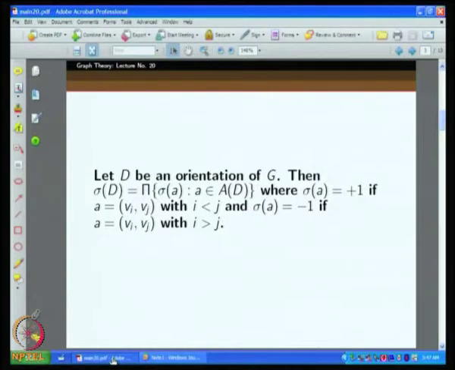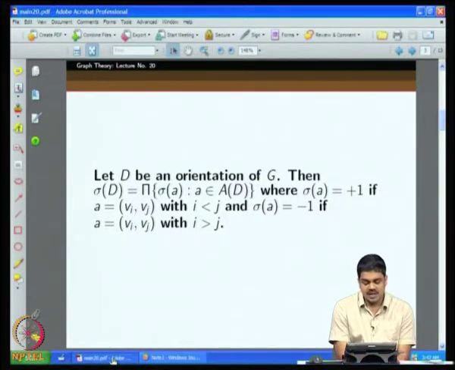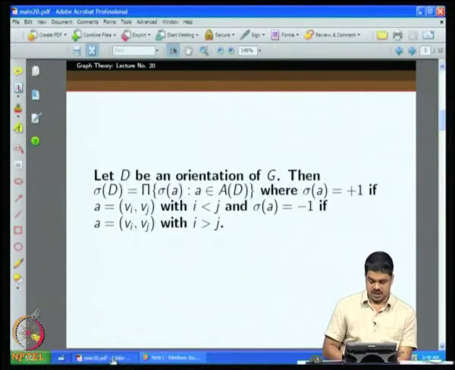How do we define the sign of a directed edge? Sigma of A, A being a directed edge, is equal to plus 1 if A is equal to v_i v_j, where i is less than j, that is, directed from the smaller index to the higher index. Similarly, it will be negative if the edge is going from the higher index to the lower index.